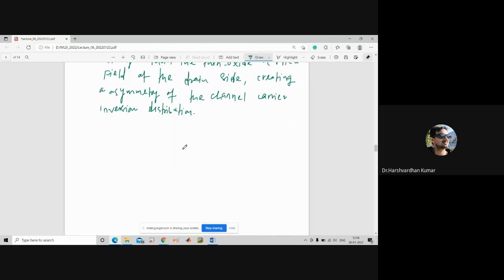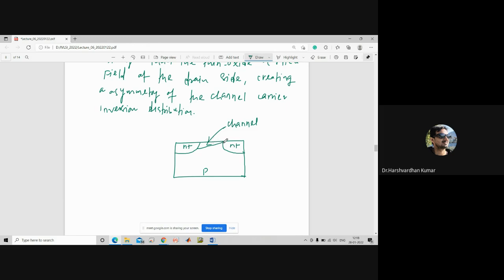How will you understand the asymmetry of the inversion? See here the diagram. This is n plus, this is n plus, this is p. So this is the channel, right?